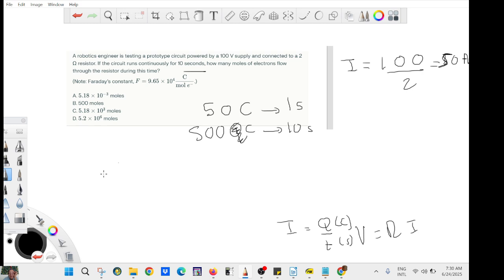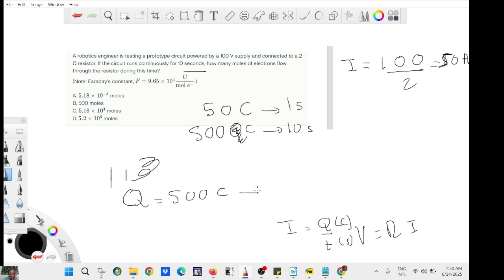So the charge is 500 coulomb during that time.